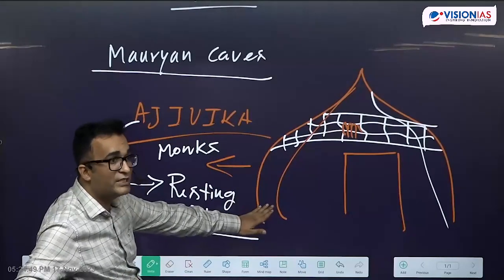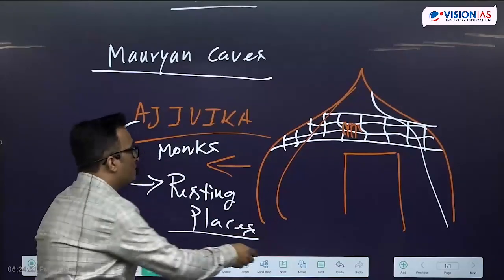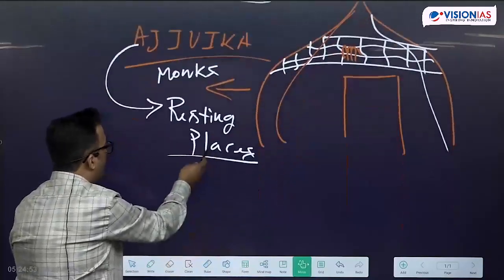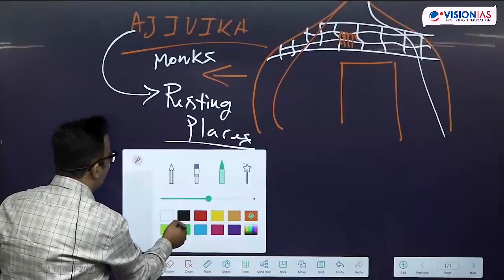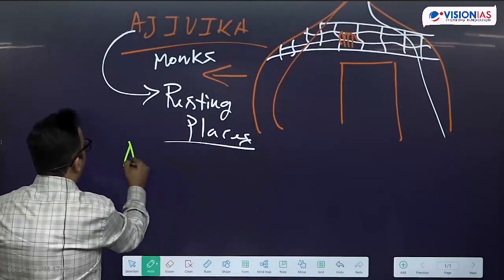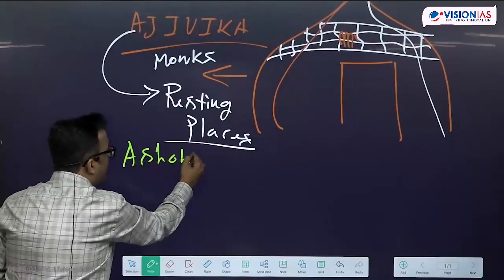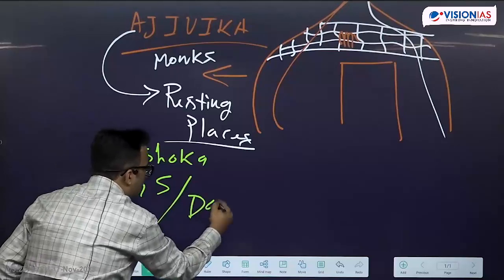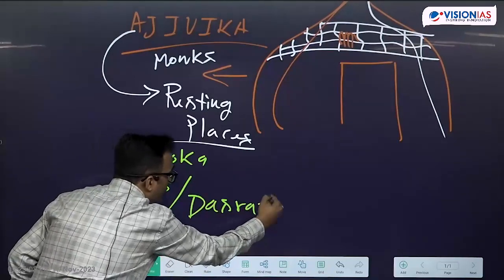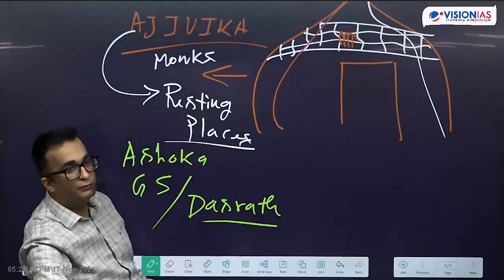They were resting places for them. And who created the majority of the caves? There are two people responsible for the creation of these caves: one is Ashoka himself, and another is the grandson of Ashoka, whose name was Dasarath. Okay? So these were the people responsible for its creation.